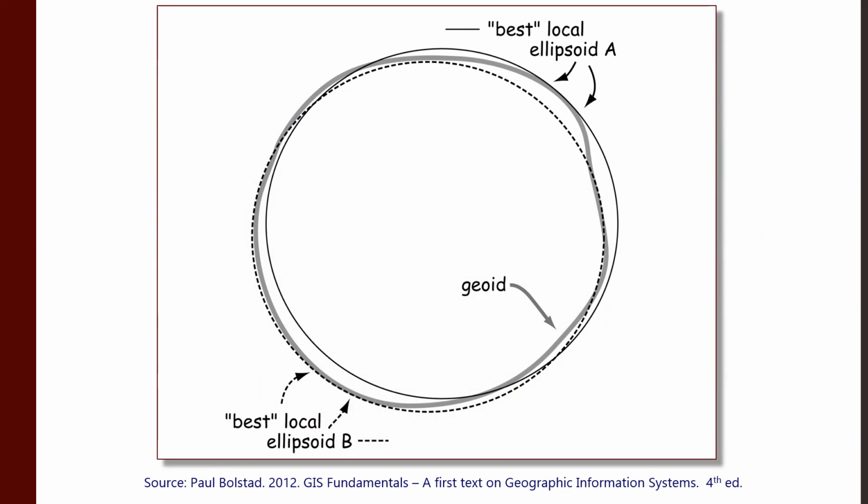So we make lots of ellipsoids. And here's where our specific use cases start coming into play. I could make an ellipsoid that is good for me at point B there on the lower left. You could make an ellipsoid that's good for you at point A in the top right.